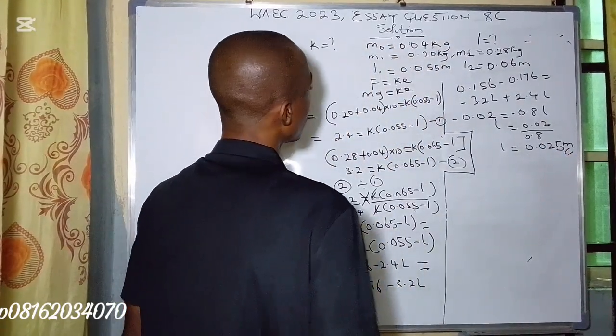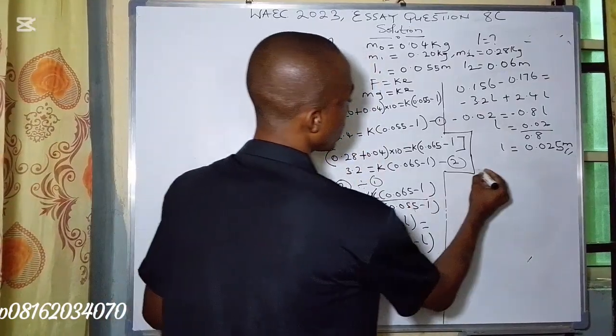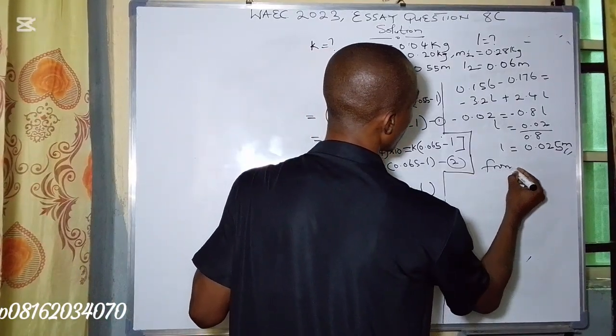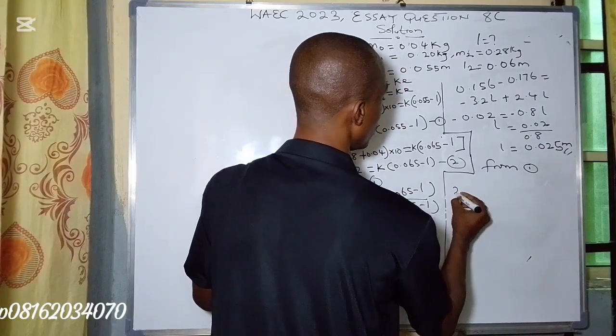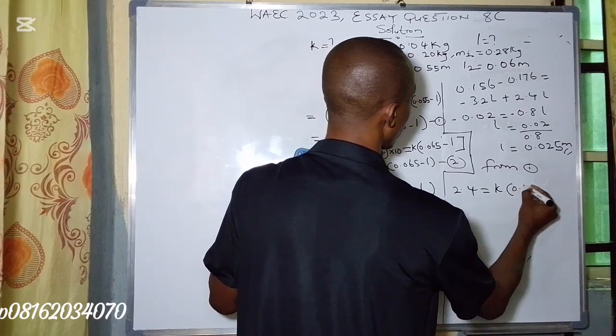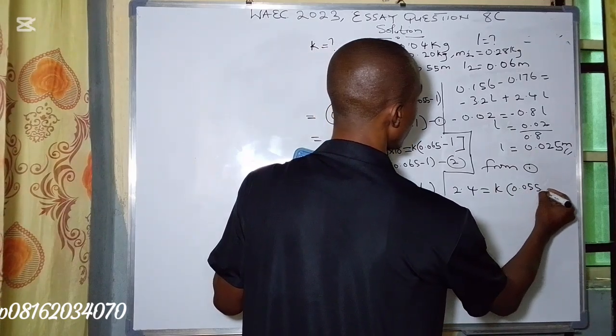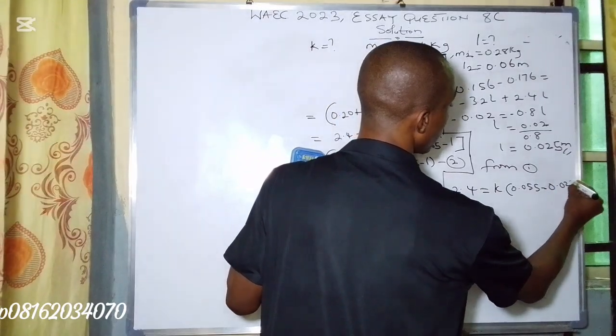So let's get the first constant from this equation. We can use any one. We can use equation 1. What do we have? We have that 2.4 is equal to k in bracket 0.055 minus, instead of L, we'll put this value 0.025.